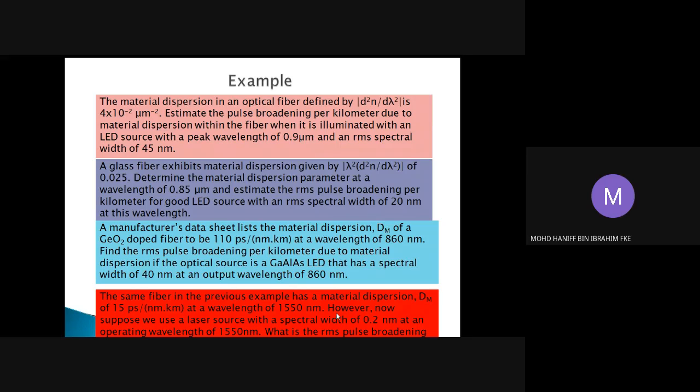So basically if your spectral line width is increased, then your pulse spreading will also increase, and vice versa. Okay, so I don't think I have to proceed with this. So basically the third and fourth questions are just to show you the effect when we have a smaller spectral line width. The effect will be that a smaller pulse spreading will be recorded.